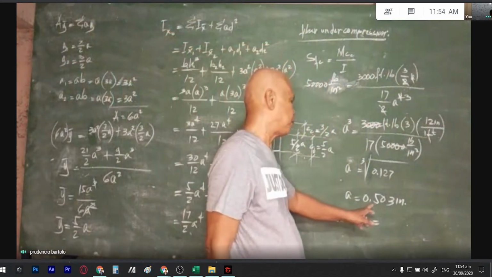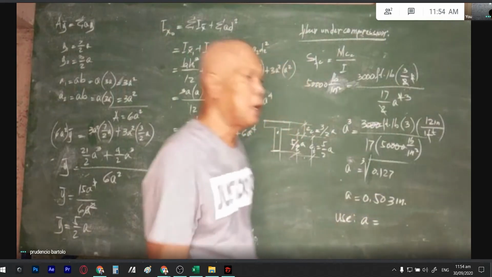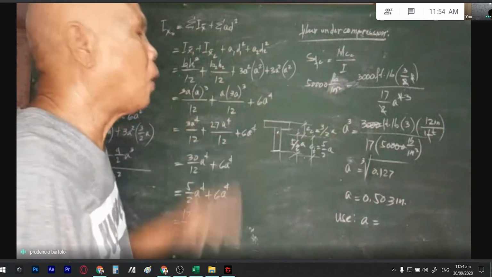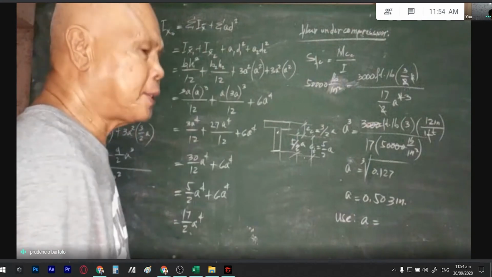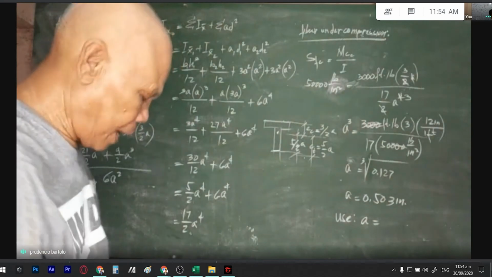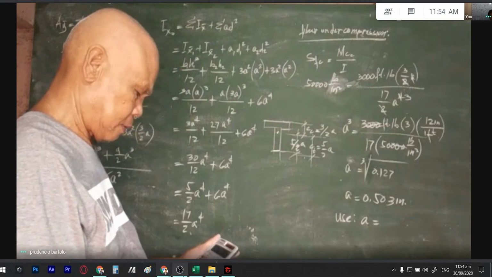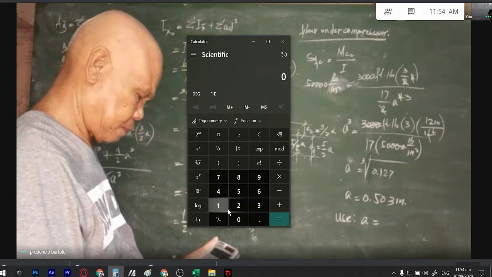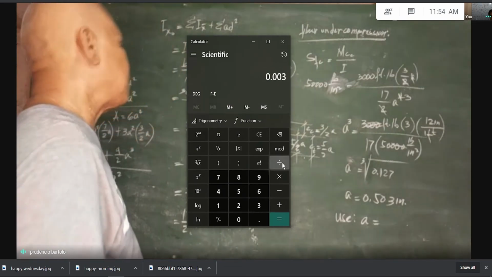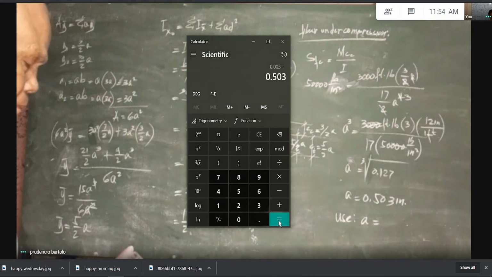Subtracting 0.5 from 0.503 will give us 0.003. 0.003 divided by 0.503 will give us more than 5%.